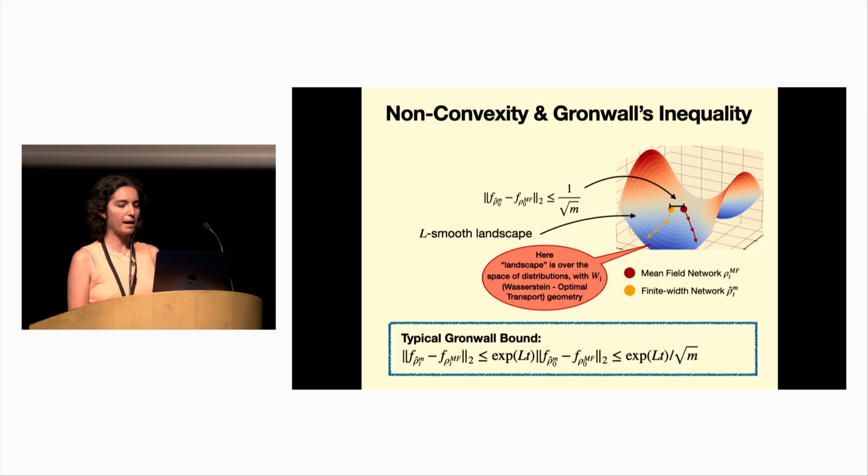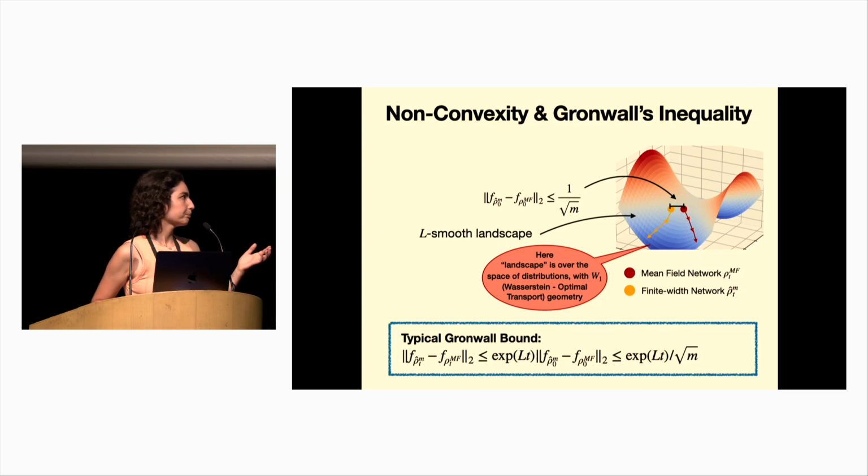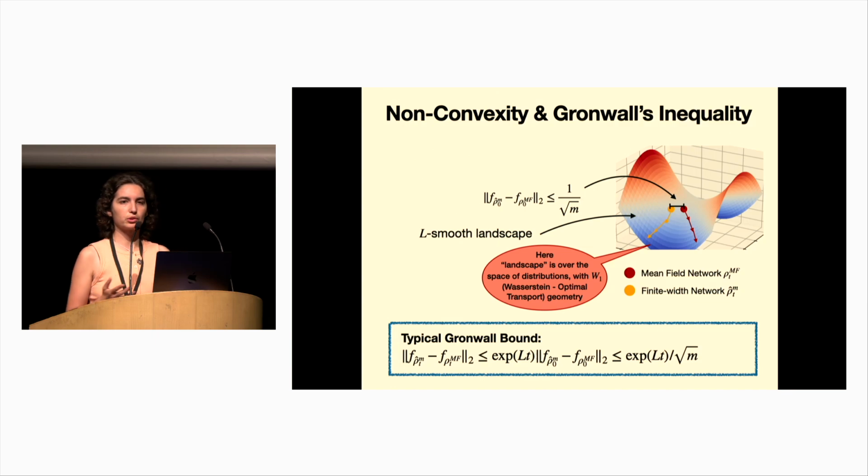And so this gives us a bound which is strong whenever t is small, but if t is going to grow polynomially in the input dimension d, it's going to suggest that the width m, in order to achieve a close approximation, is going to have to grow exponentially in the input dimension.